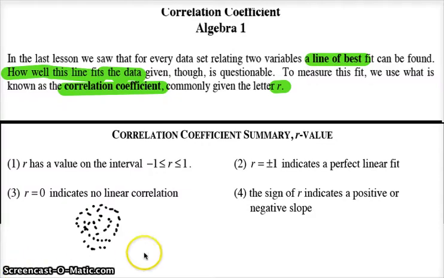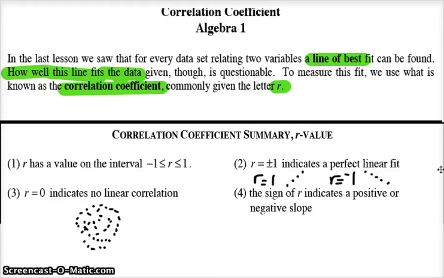Okay, so next we talk about R equals plus or minus 1. R equals 1 means a positive correlation, and it's actually linear. It's a line. R equals negative 1 is also a line. Typically, we don't get a 1 or a negative 1 because we use lines of best fit when we're talking about scatter plots.